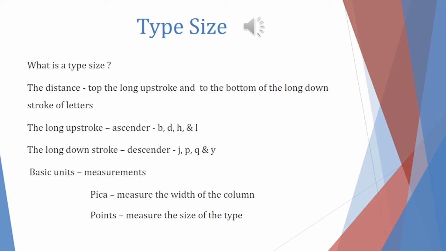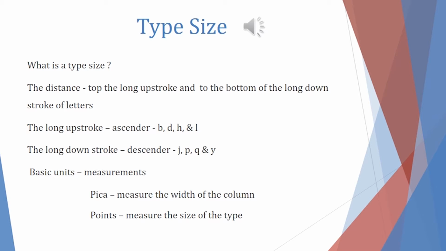A type size is the distance between the top of the long upstroke over letters like B, D, H and L and the bottom of the long downstroke below the letters J, P, Q and Y. The long upstroke over the letter is known as an ascender and the long downstroke below the letter is known as a descender. The basic units of measurement of type are pica and points.